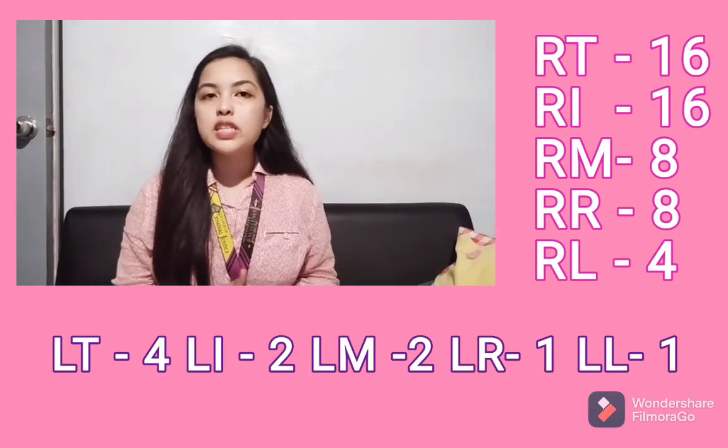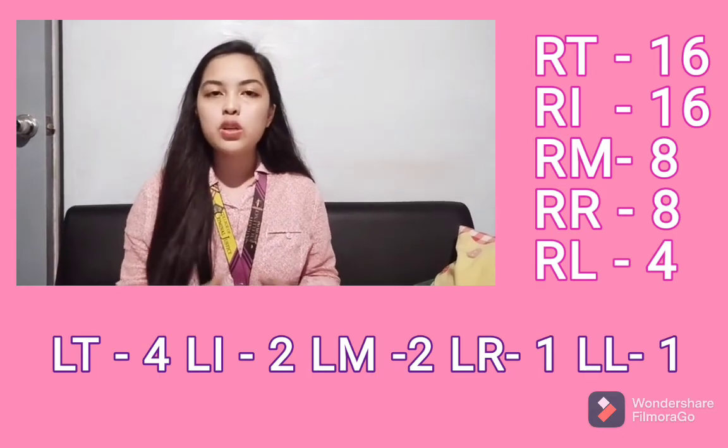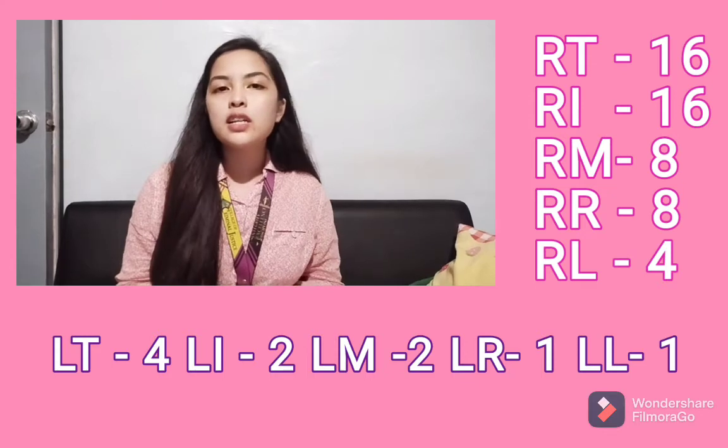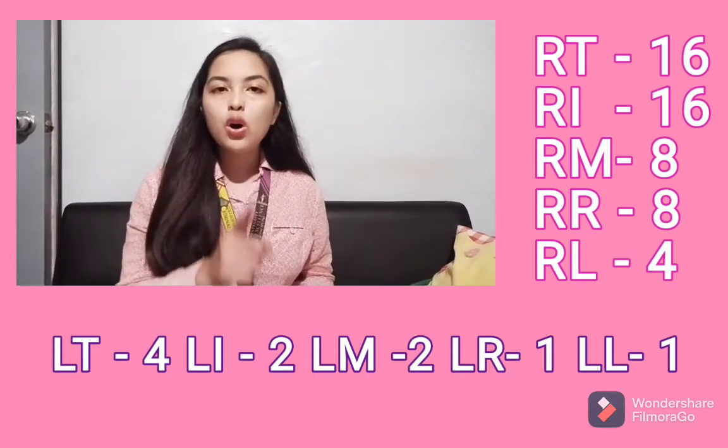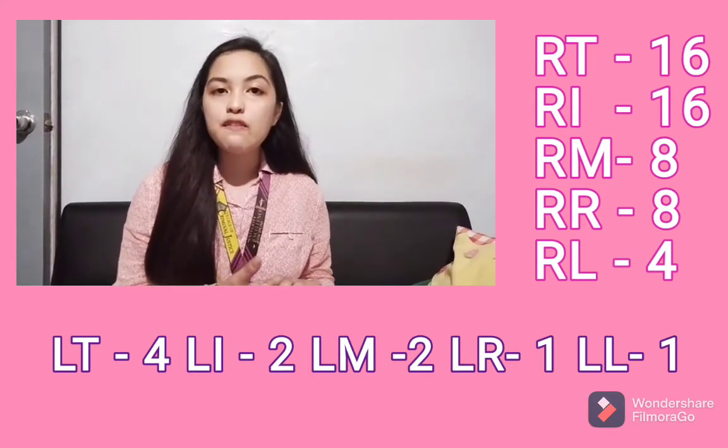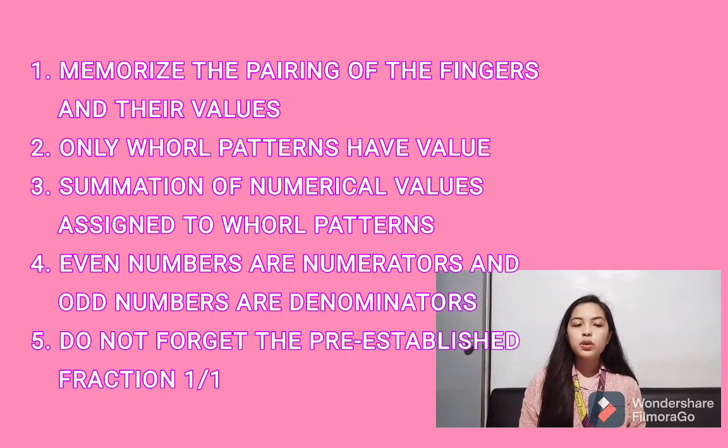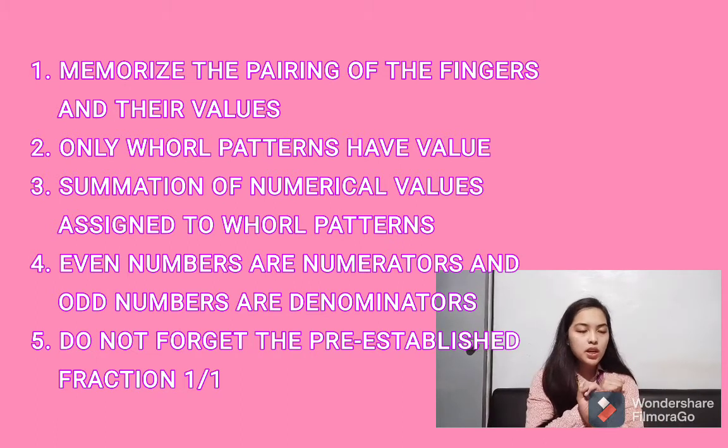So, dapat memorize natin yung mga corresponding values na yon, and lagi nating tatandaan na sa primary division, only whorl has a value. In the primary division, we're going to remember these 5 things. First, to memorize the pairing of the fingers and their values.